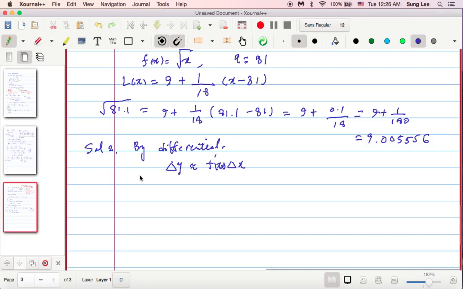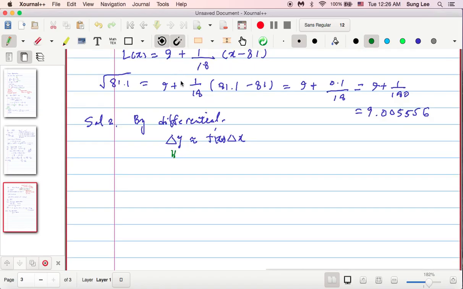Remember, delta y, from the picture earlier, is going to be f of x plus delta x minus f of x, okay?